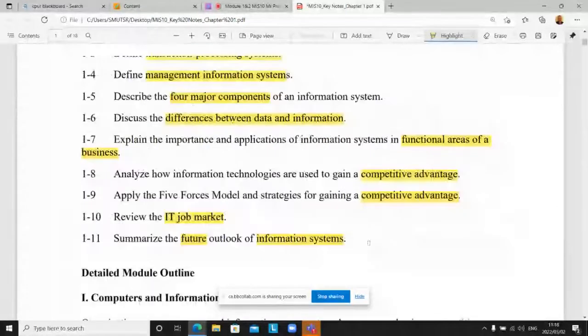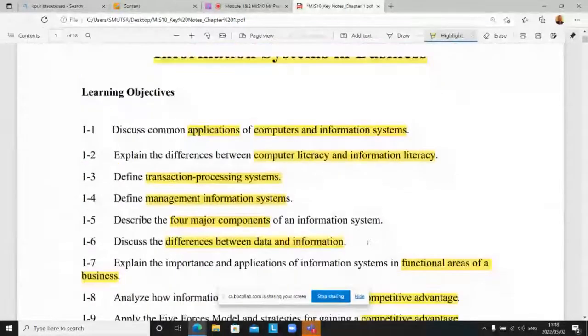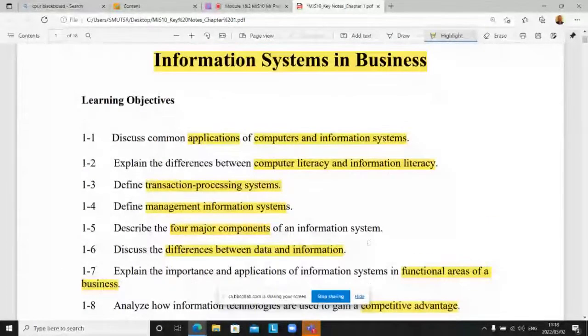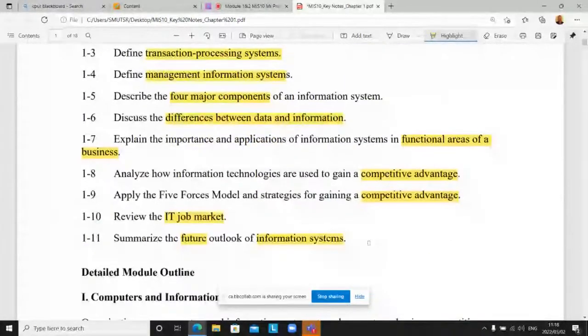Okay, so please be aware that in Module 1, there are 11 learning objectives. So when you're studying, come back to these 11 learning objectives.